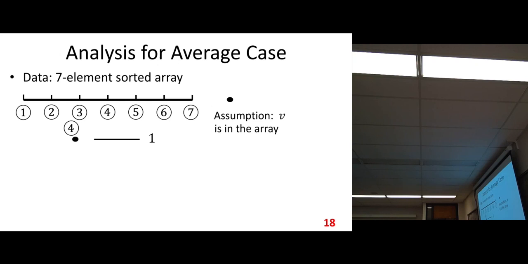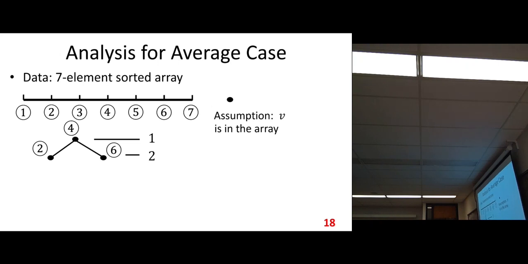Now, the first comparison. There is one case: if V equals element number 4, we need one comparison. So that's the first case. After that, we draw a binary tree. For the left subarray, we need to compare V with element number 2.